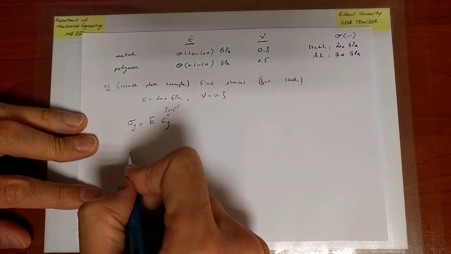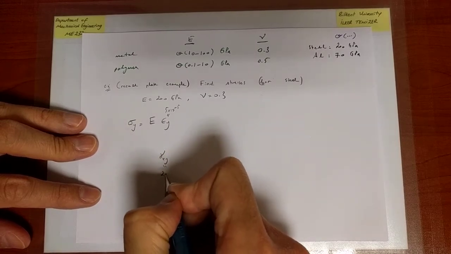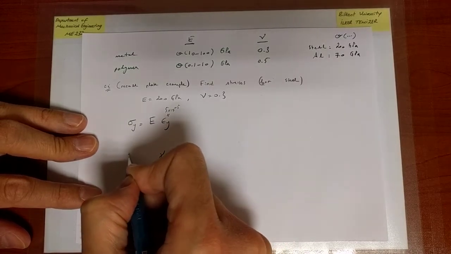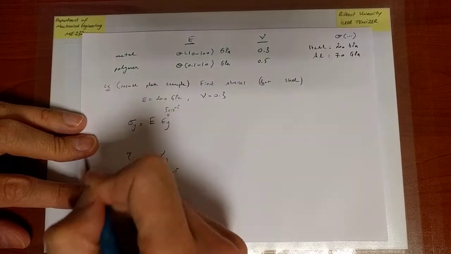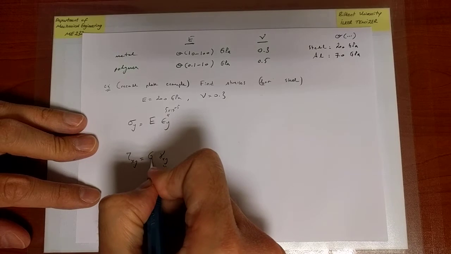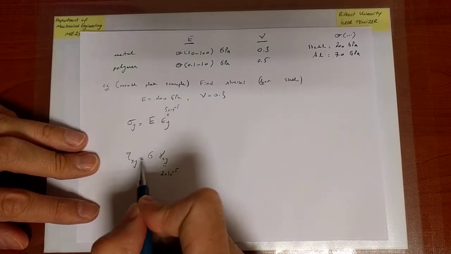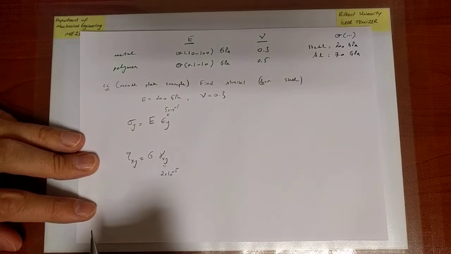Now additionally, we observed that there was a shear strain, which is 2 times 10 to the minus 5, and according to our knowledge, which I already verified is correct for isotropic elastic materials, this is only going to cause a shear stress through the relation where the shear modulus appears.